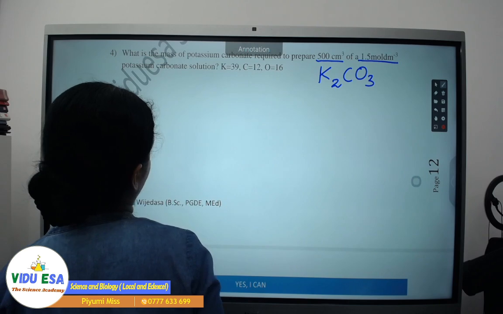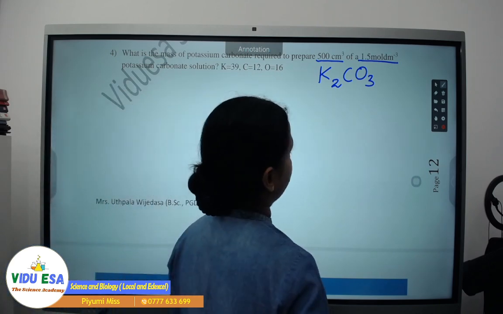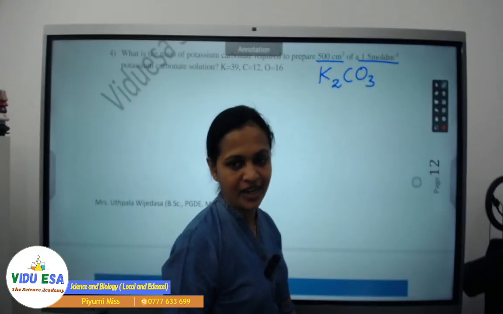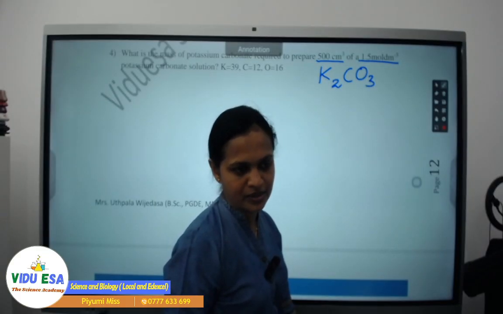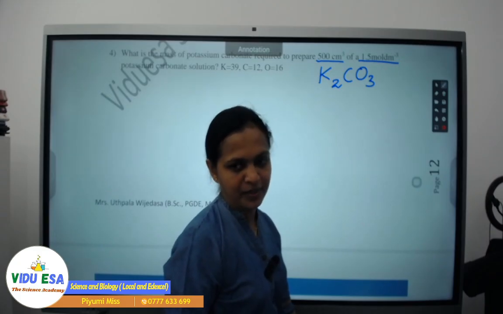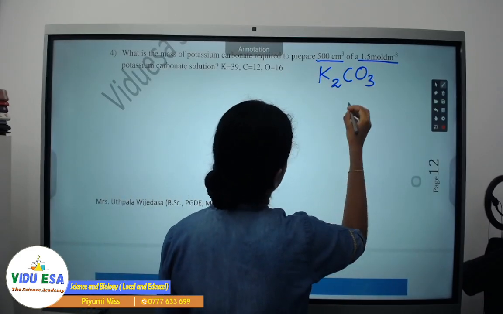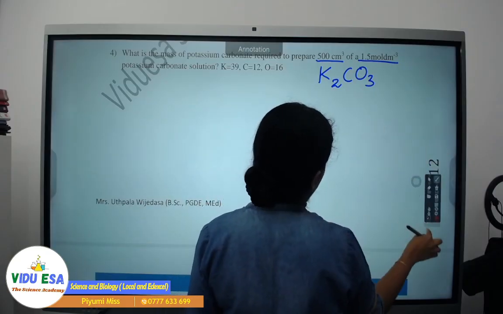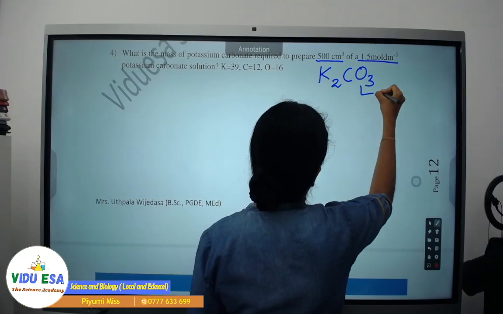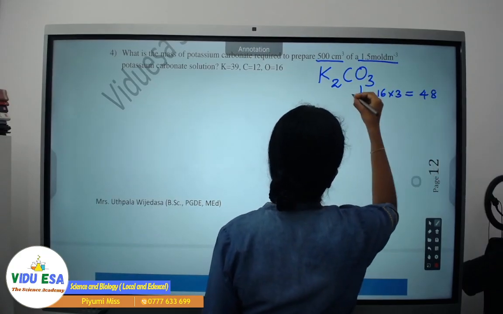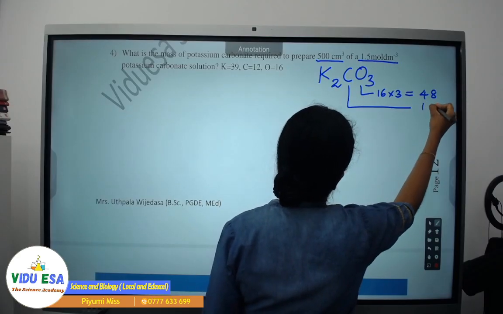1 mole per cubic decimeter is also written as 1 M, but I have not seen that in O level papers. It is used in A level as capital M. Here K2CO3: 16 into 3 is 48. Carbon is 12.